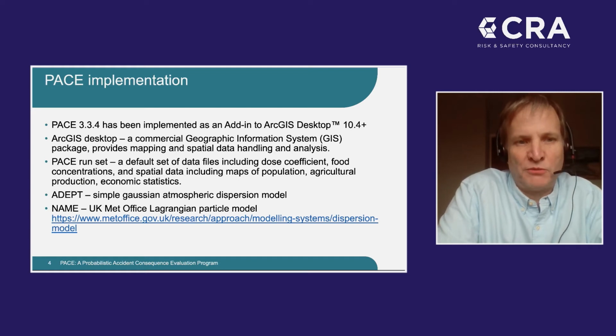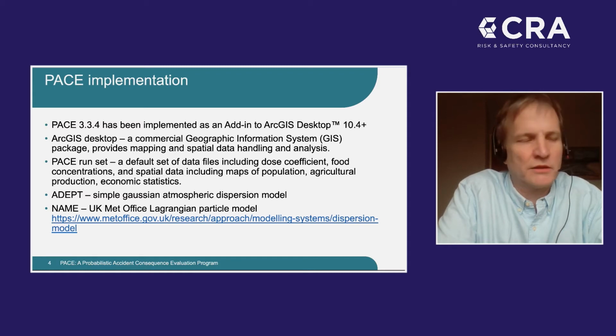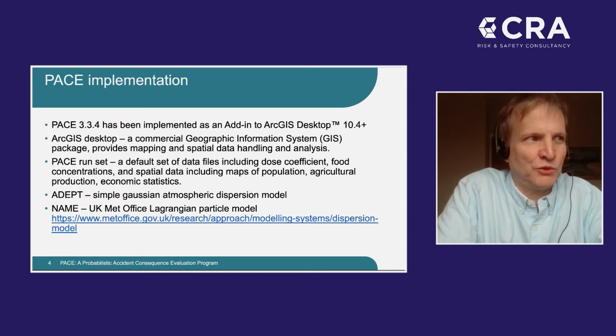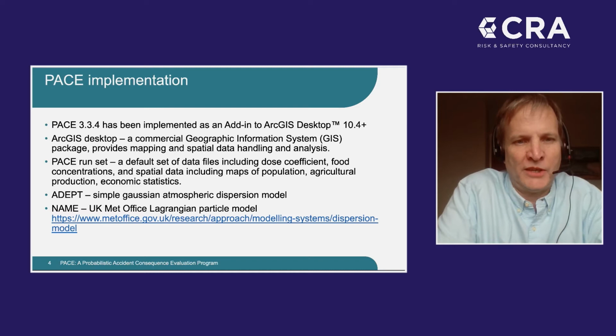So I think that's an improvement, and I was pleased to see that the US code MACCS have sort of followed us down this route, and they've developed links to the HYSPLIT model, which is the equivalent US kind of model.